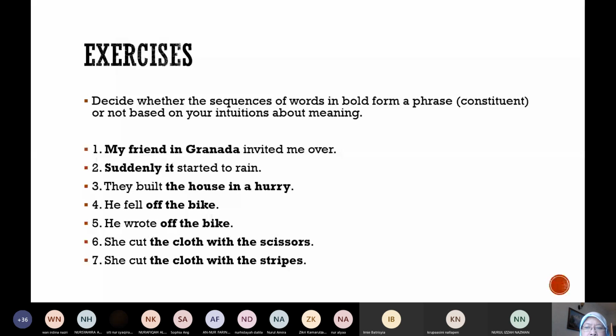Okay, you're going to take a few minutes. Then I'm going to call your name for you to tell me whether they are a constituent or not, whether the bolded part is a constituent or not.